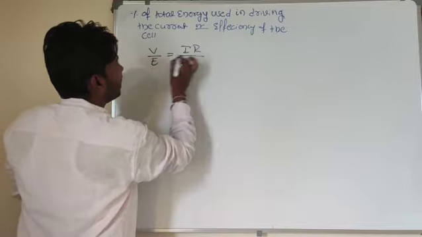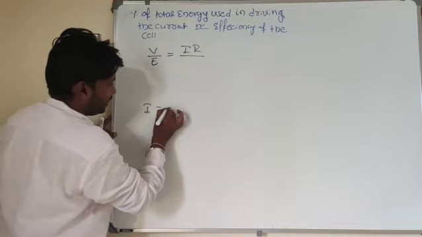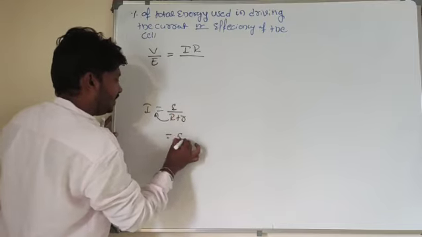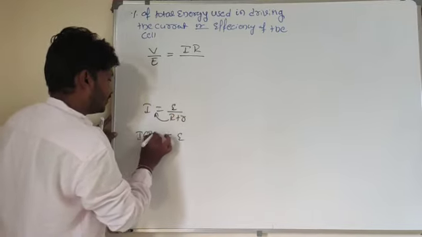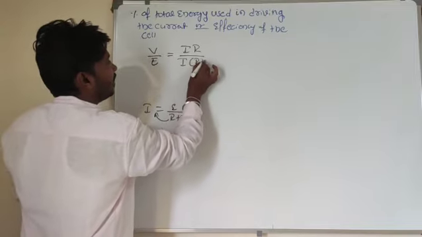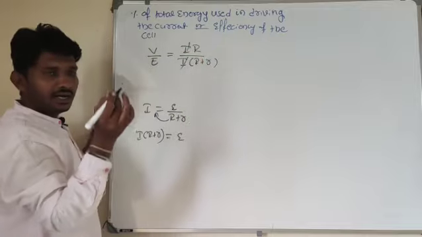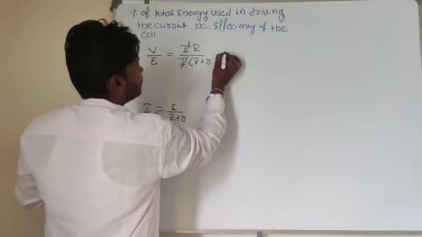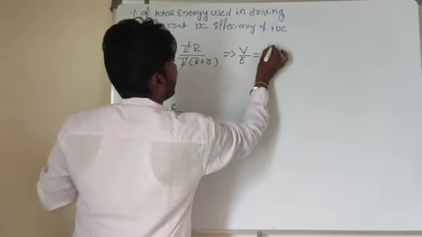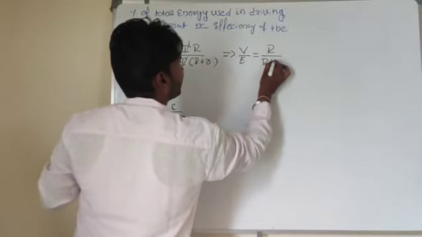From Ohm's law, I into R. So I is equal to E divided by R plus r, or E is equal to I into R plus r. So the I term will get cancelled out here. So look here, V by E is equal to what? R divided by R plus r.